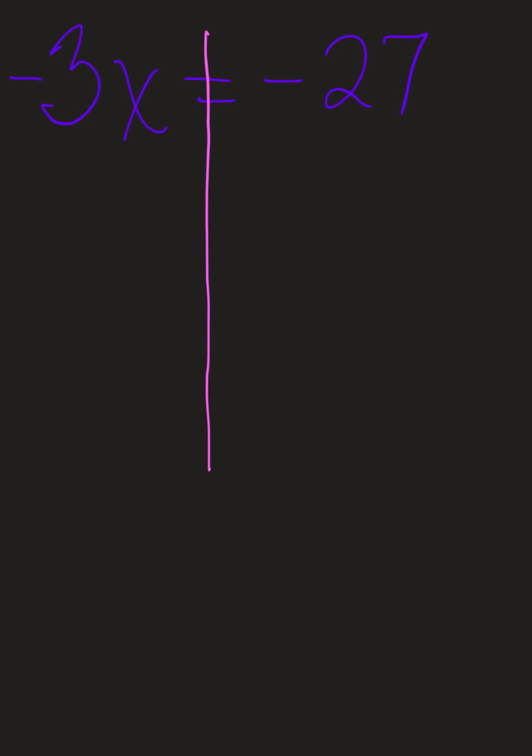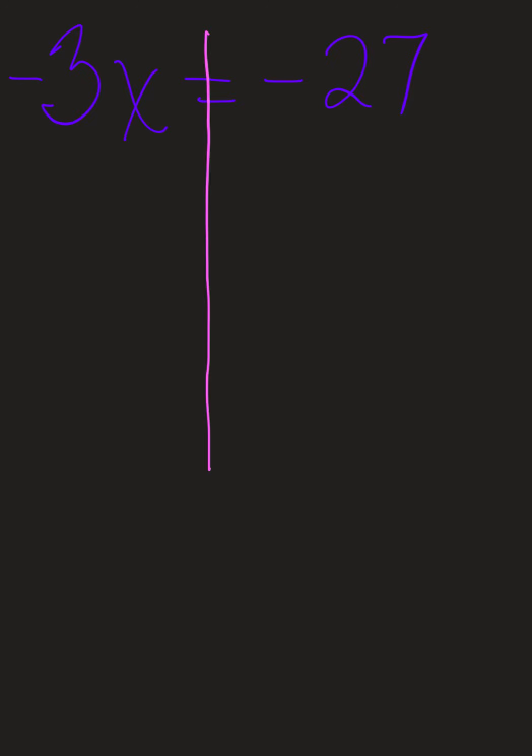I like to call it draw a wall, right? I'm going to separate my two sides so that when I do one thing to my equation, I remember to do it to the other side of the equation. When I only have one step happening, it's not too difficult to see the two different sides. But when I say one side of the equation, it means one side of the equal sign versus the other side of the equal sign, okay?